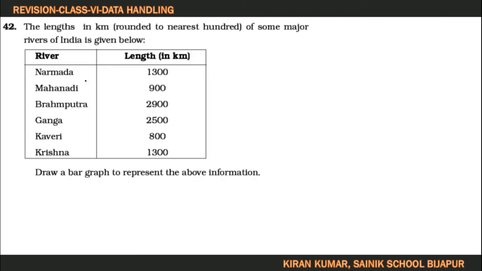Question 42. The length in kilometer rounded to nearest 100 of some major rivers in India are given below. The river name and length in terms of kilometer are given. We need to draw the bar graph to represent the given information.